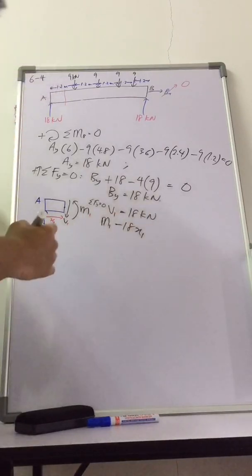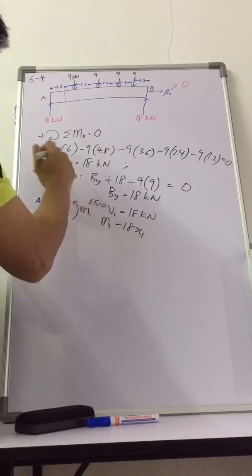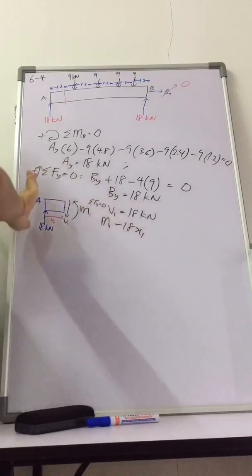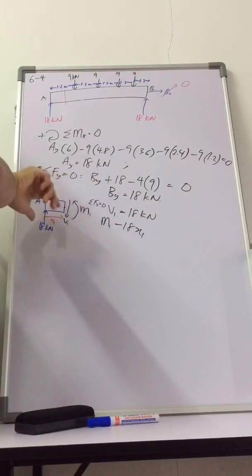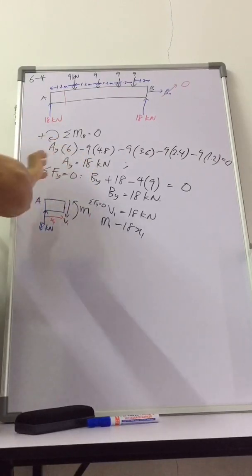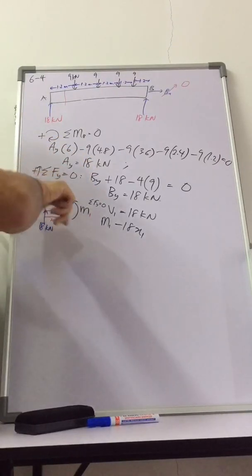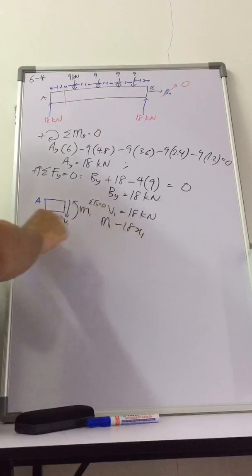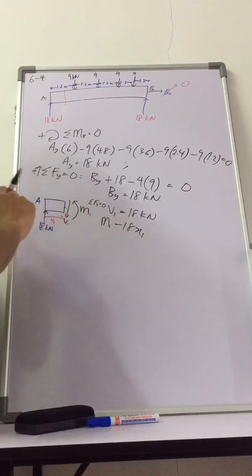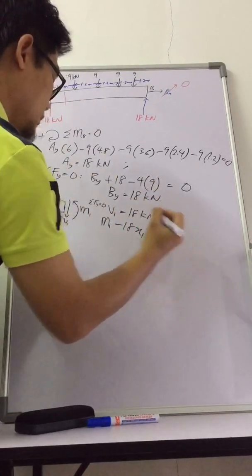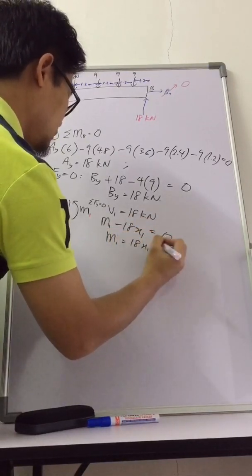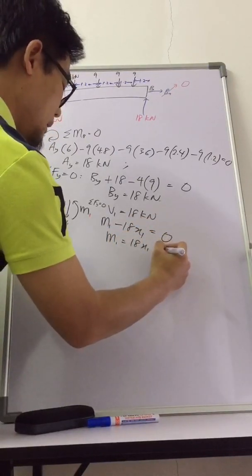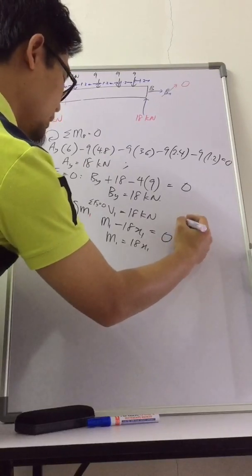This 18 kilonewton will cause moment in clockwise rotation, so minus 18 x1, the arm, equals to 0. So M1 equals 18 x1.